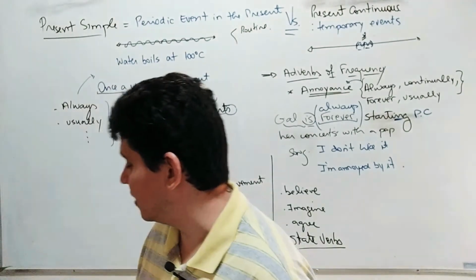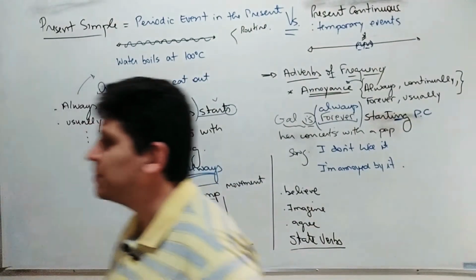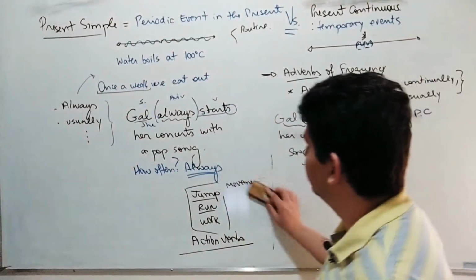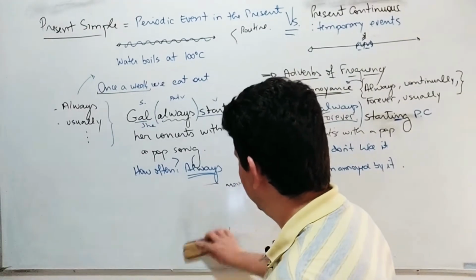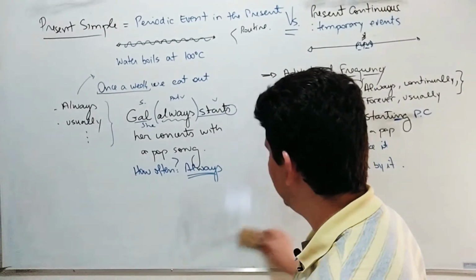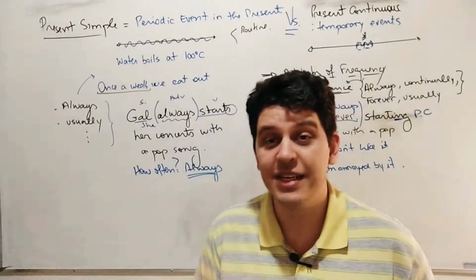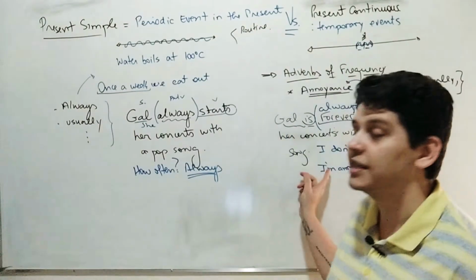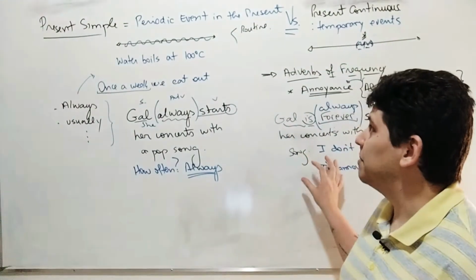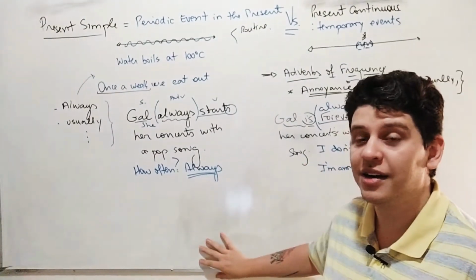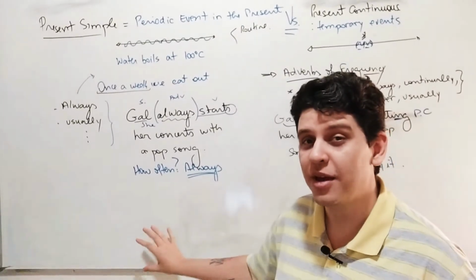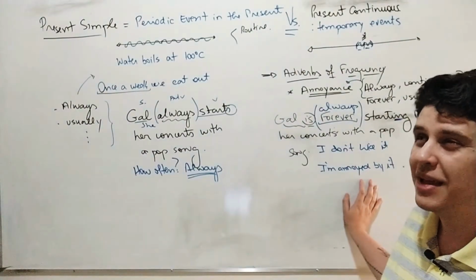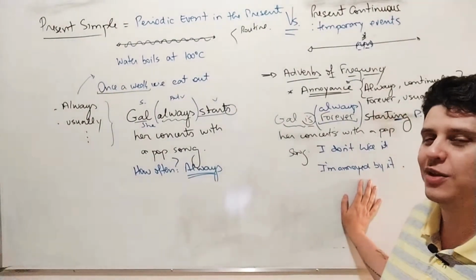And you can ask me very intelligently, oh teacher, but why do I need to know if the verb is a state, if the verb is an action? And I will let you know, dear student, I'm going to answer it right now. State verbs are not very commonly used with the continuous tenses. And because of that, we need to know who they are, because whenever we want to use them, we need to pay attention to this rule. We don't use them here, or most frequently we don't use them here.